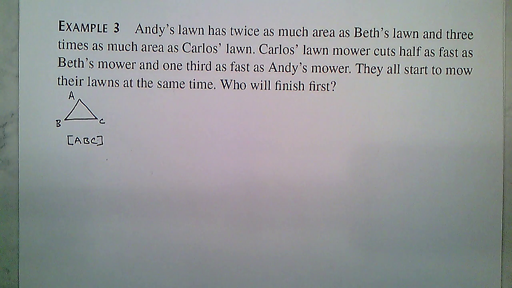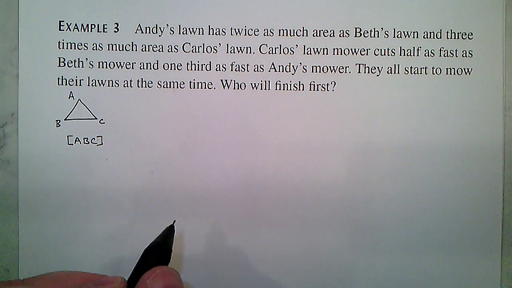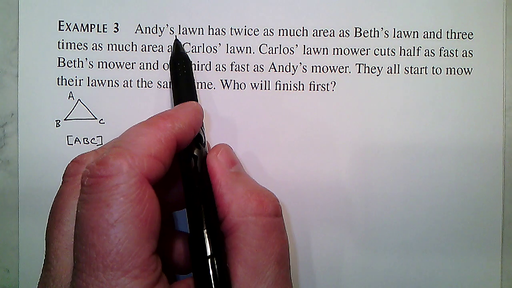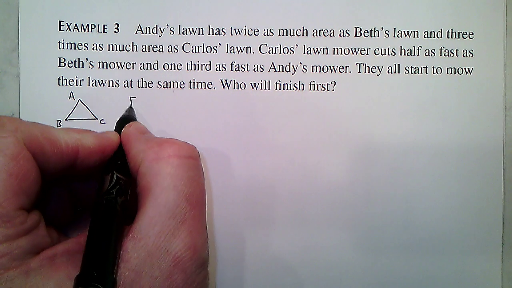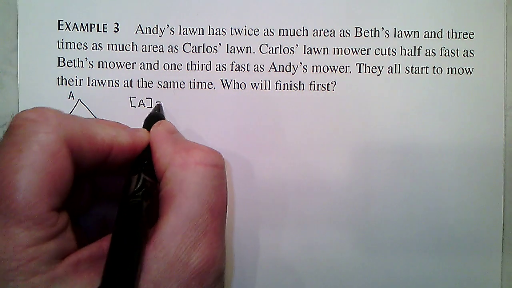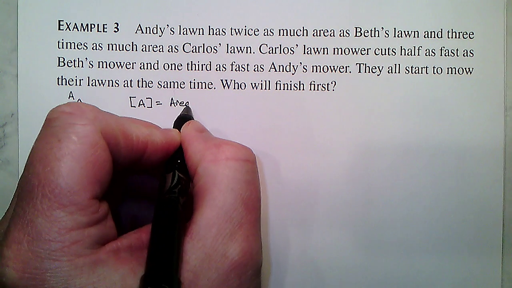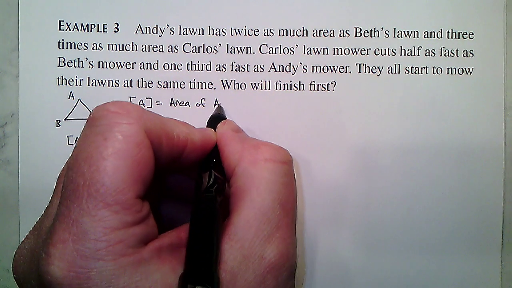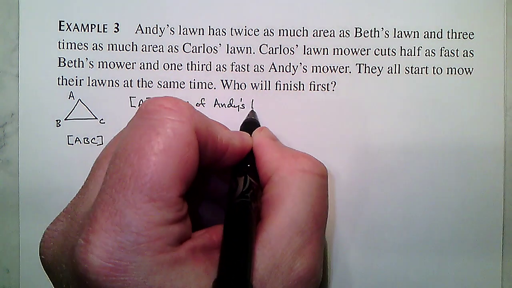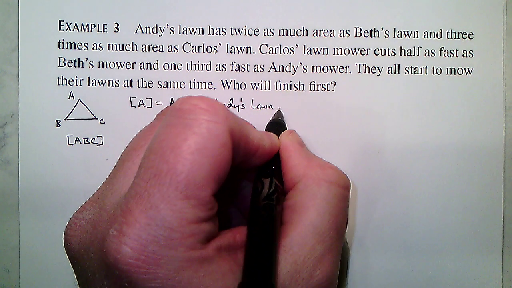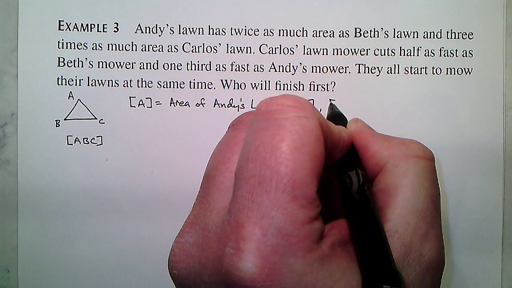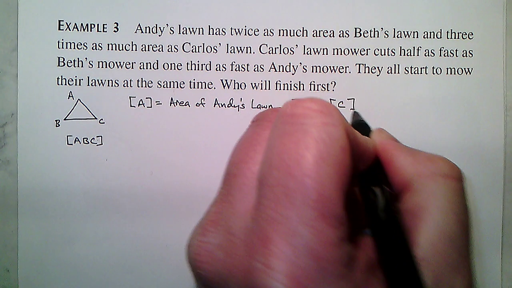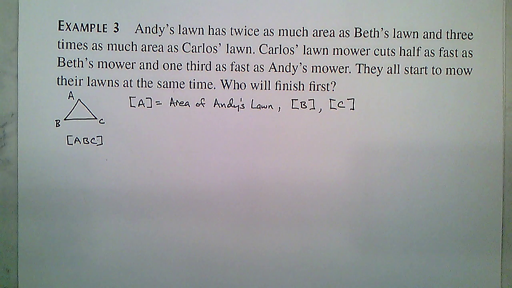So since I'm talking about Andy's lawn, I'm going to say bracket A is the area of Andy's lawn. And likewise, I'll refer to the area of Beth's lawn and the area of Carlos's lawn.